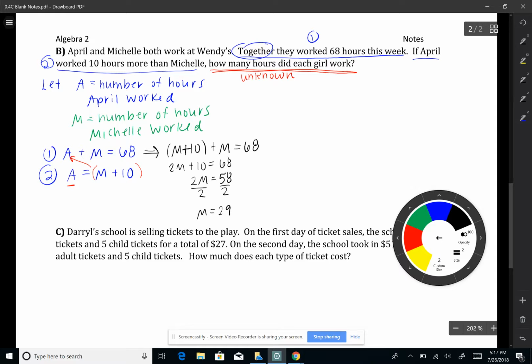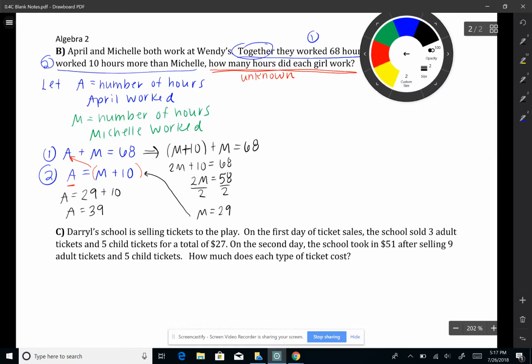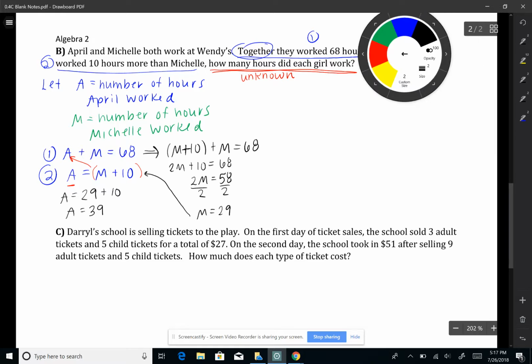Now I know what M equals. I can plug that into my A equals equation, and that would be A equals 29 plus 10, so A equals 39. So our answer, in a complete sentence like it asks us to do, we would say for A equals 39, that means April worked 39 hours.